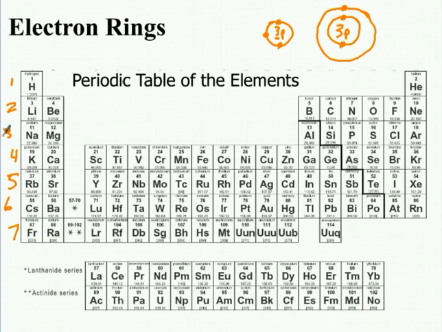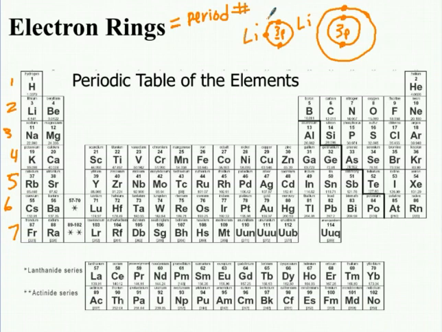If you notice, lithium, and I should have written lithium here so that everybody knows this is lithium, is in the second period, or second row. Because I know it's in the second row, that's how many electron rings it has. So the number of electron rings is equal to the period number. And that's it. It's really that simple.